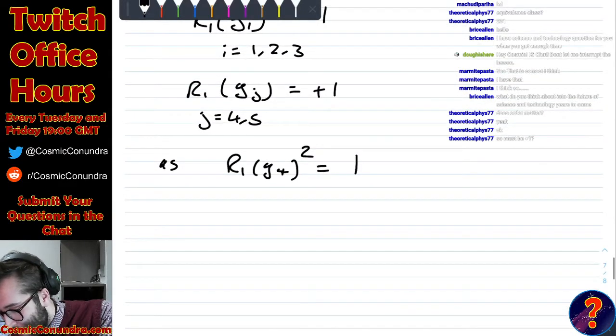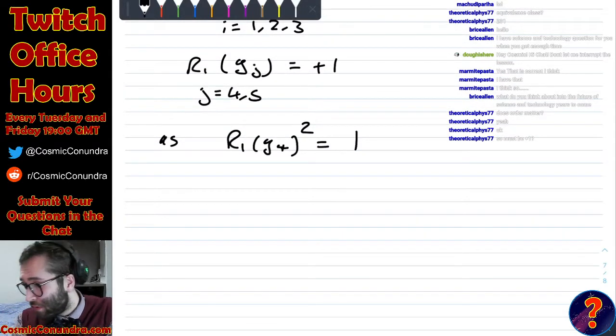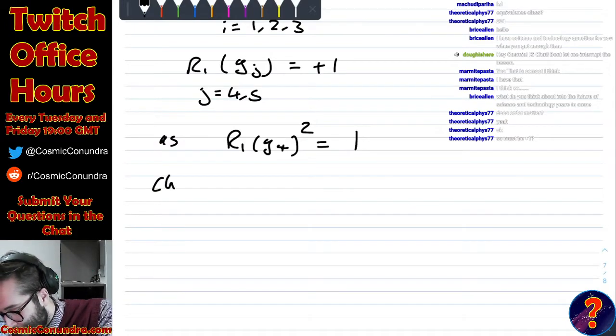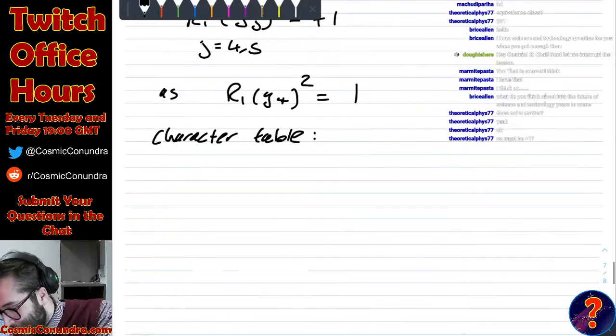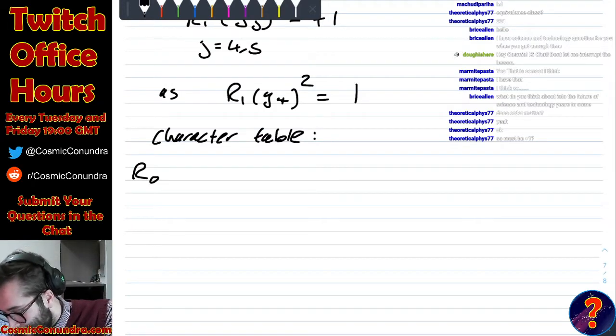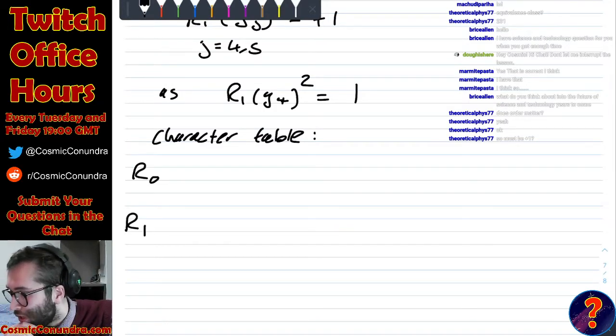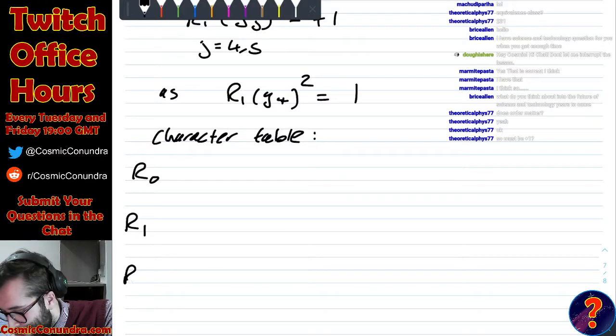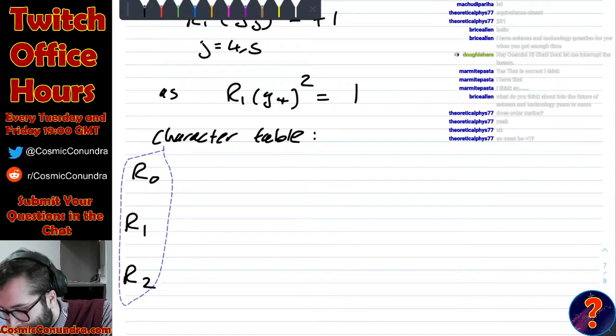So that means we can start drawing out this character table. Okay, so we've got the trivial representation R0. We've got the dimension 1 representation R1, and we've got this unknown, so currently dimension 2 representation R2. Okay.